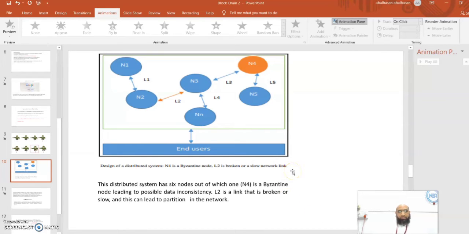So we were discussing this distributed system has 6 nodes, out of which N4 is a Byzantine node. This means it is a malicious node, leading to possible data inconsistency. L2 is a link that is broken or slow, and this can lead to partition in the network. This means two different types of data will be there because of this problem.